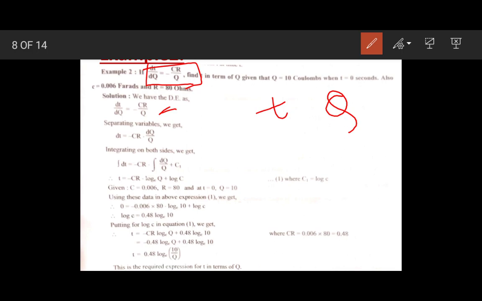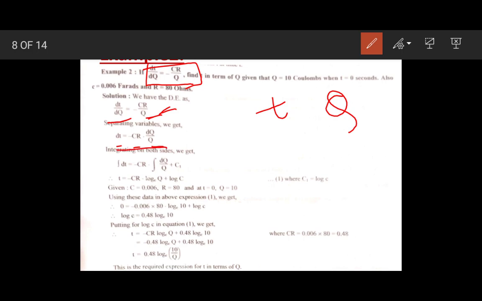So I take q on the left hand side and dq on the right hand side, so dt is equal to minus CR into dq upon q.